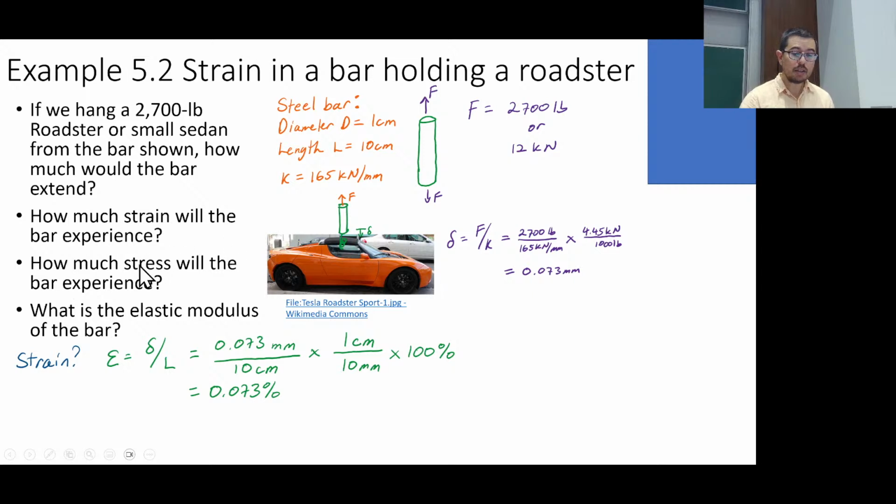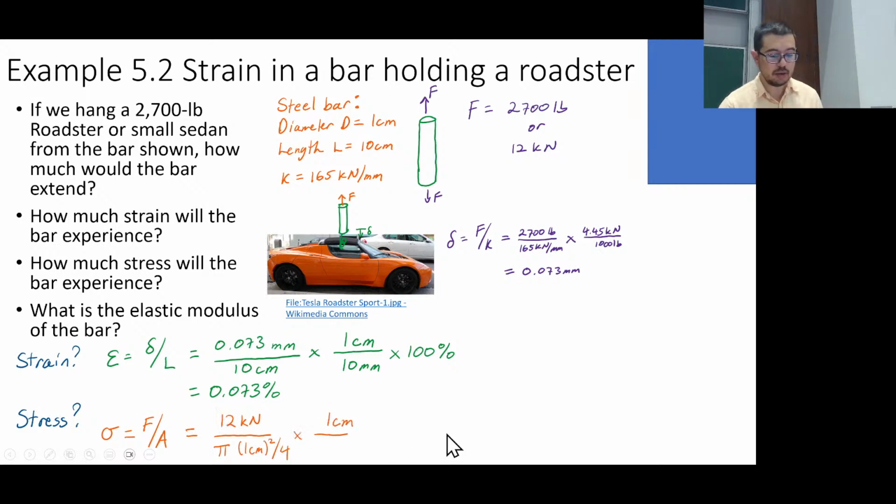But let's just look at some things here. So strain, you can calculate. Stress, we can calculate. That's the force over the area, just like strain was the delta over the length. Okay. And now we can calculate the elastic modulus of the bar.